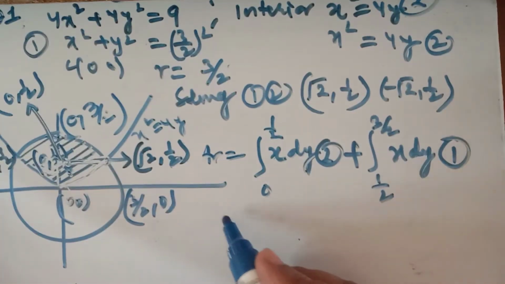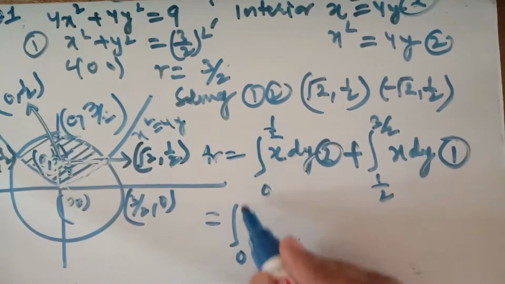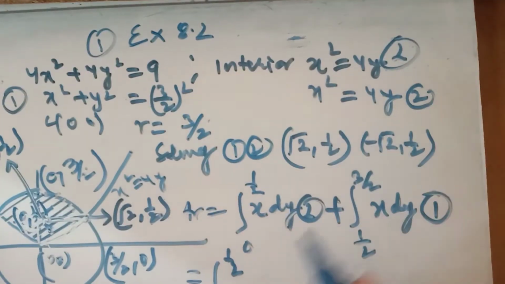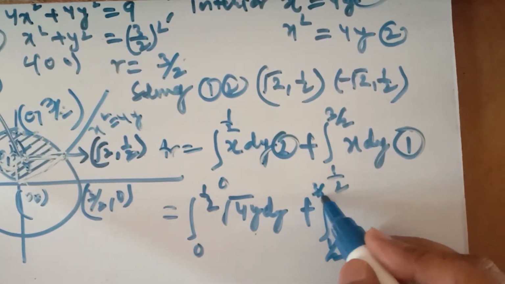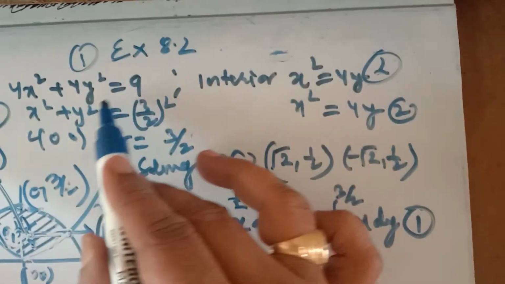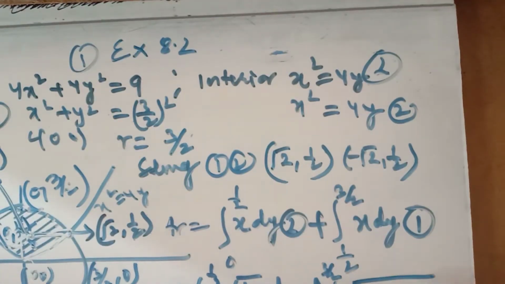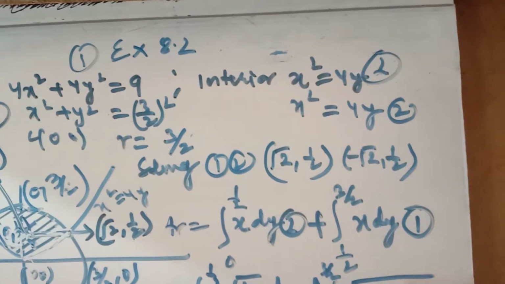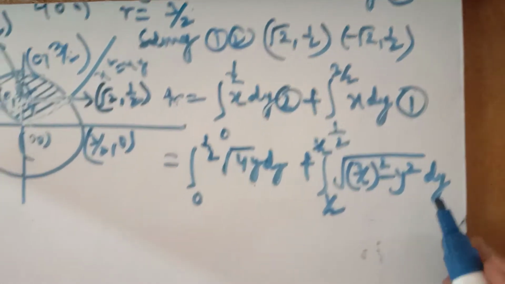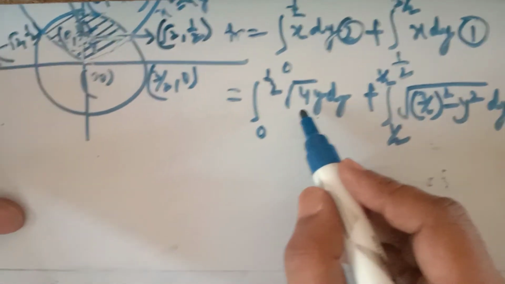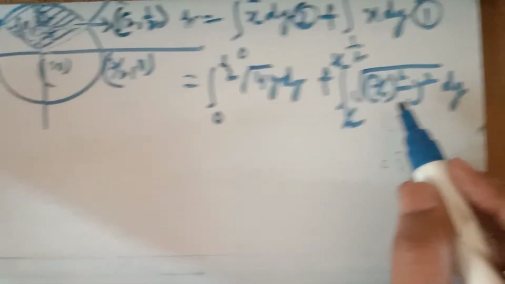Now simply put the value of x from the second: it will be √(4y) with respect to y, and for 1/2 to 3/2, put the value of x from the circle, it will be √((3/2)² − y²) with respect to y. This is a simple integration of 2√y, and the other is a special integral.